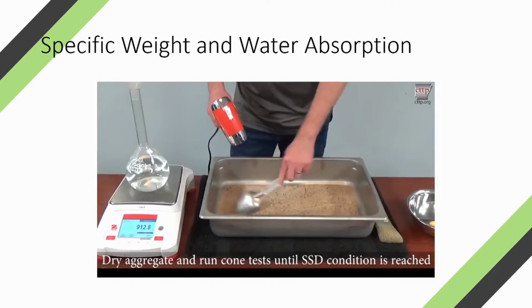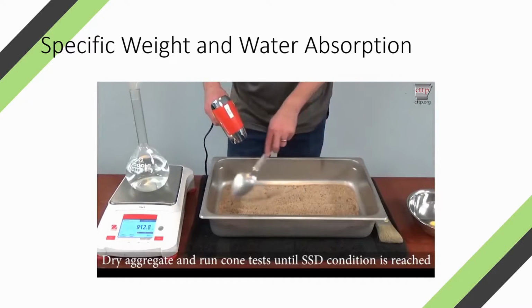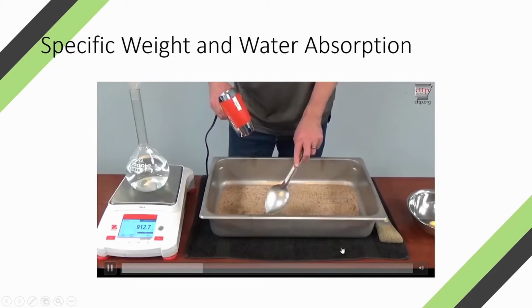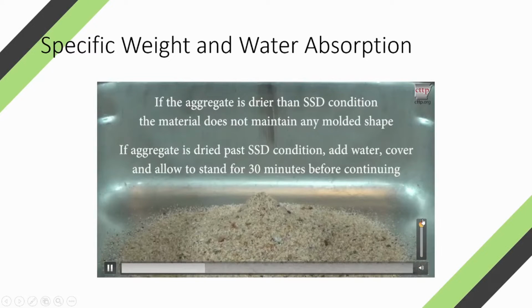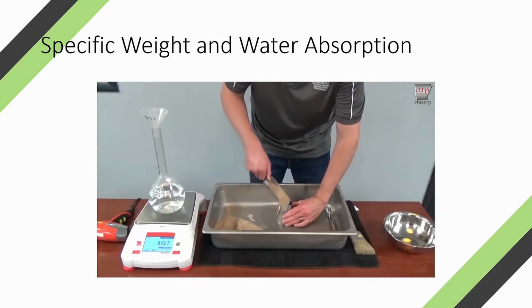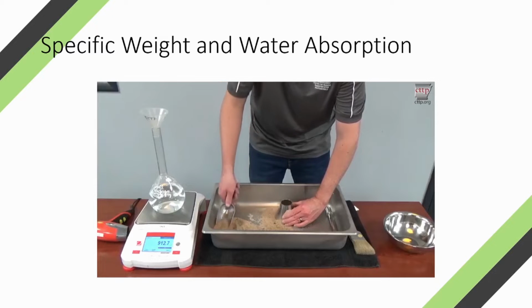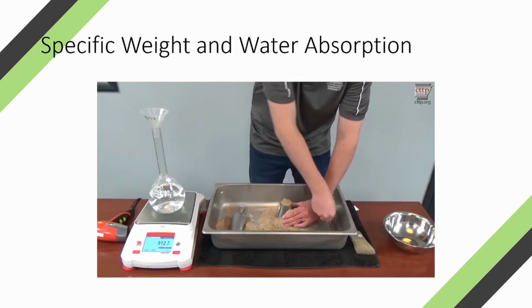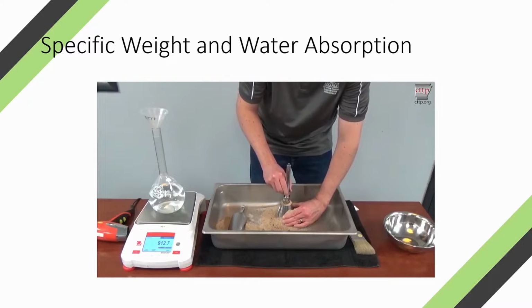Dry the aggregate by stirring and blowing warm air. Run cone tests periodically until the SSD condition is reached. If the aggregate is drier than SSD condition, the material does not maintain any molded shape. If the aggregate is dried past SSD condition, add water, cover, and allow it to stand for 30 minutes before continuing. Then repeat the cone test. The goal is to gradually dry the material so that it approaches the SSD condition as determined by the cone test.